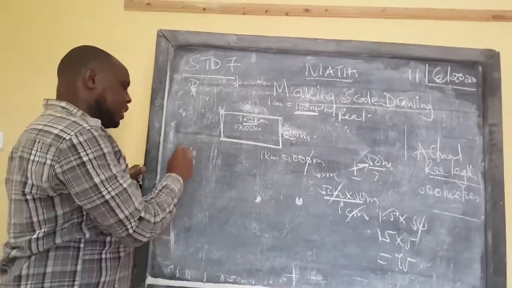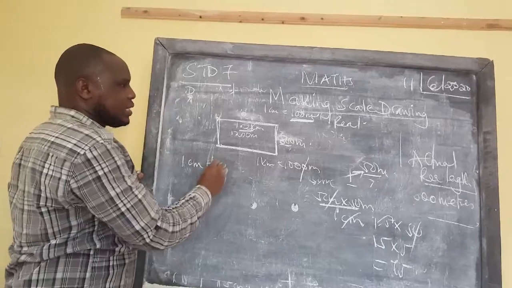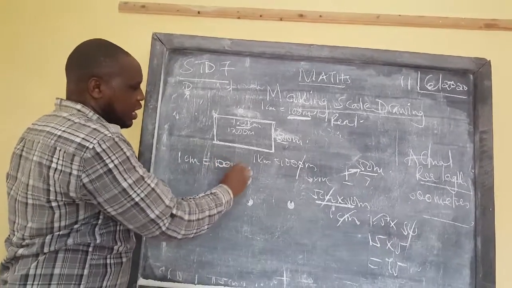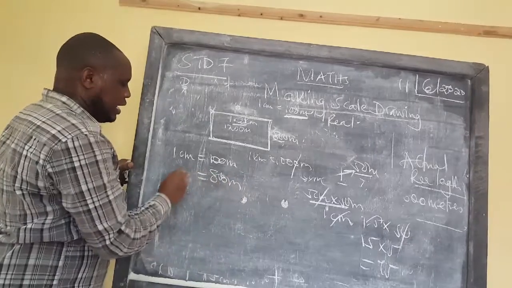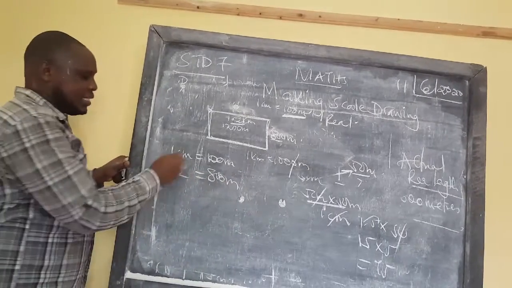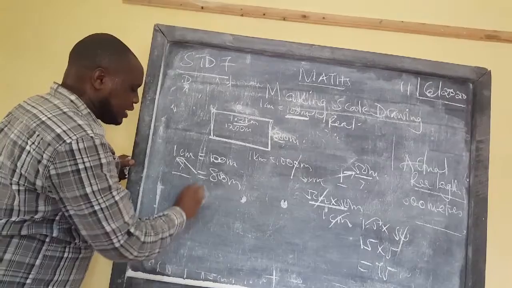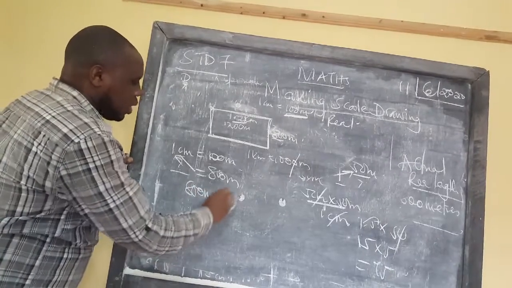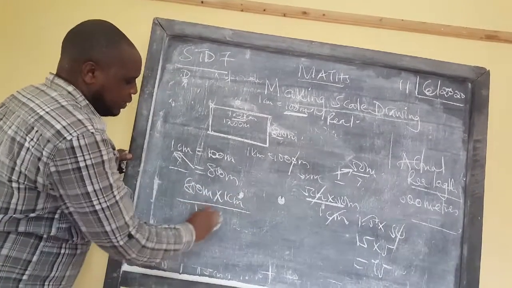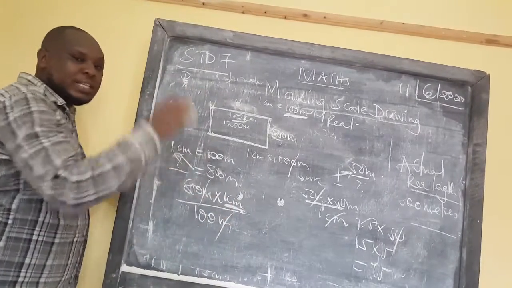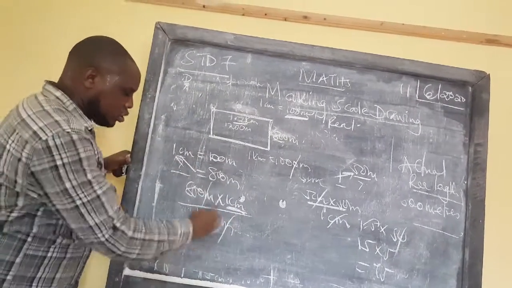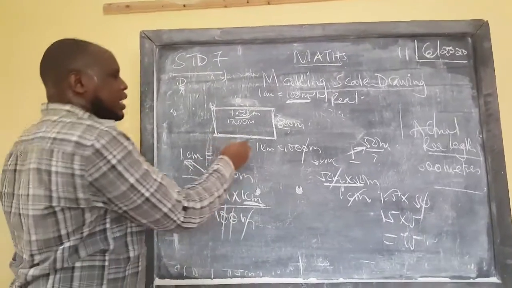If 1 centimeter is supposed to represent 100 meters on the scale, what about 800 meters on the real length? What will it represent on the drawing? So you realize 800 meters times 1 centimeter over 100 meters. You see that meters will cancel and you remain with centimeters. Centimeters are the drawing lengths. So this and this will cancel and you remain with 8.